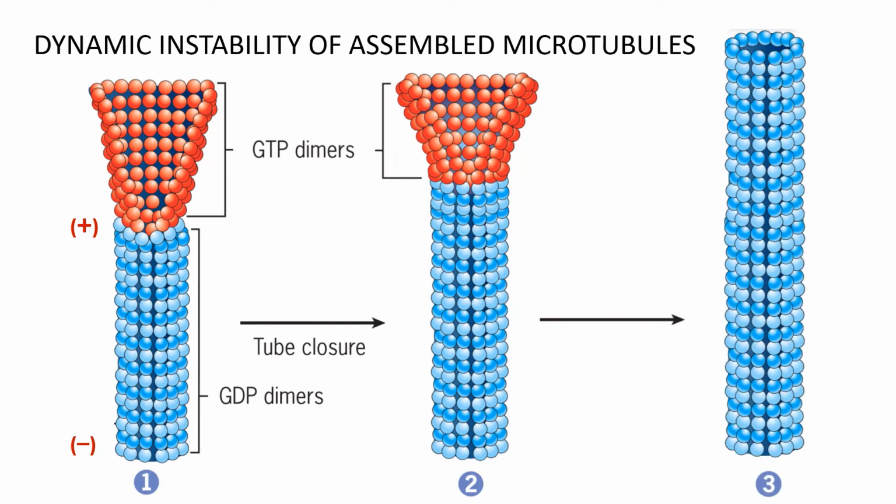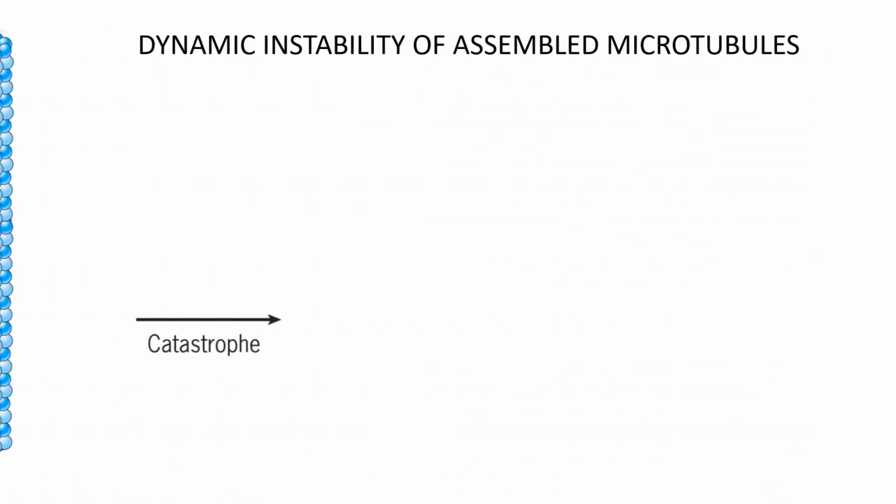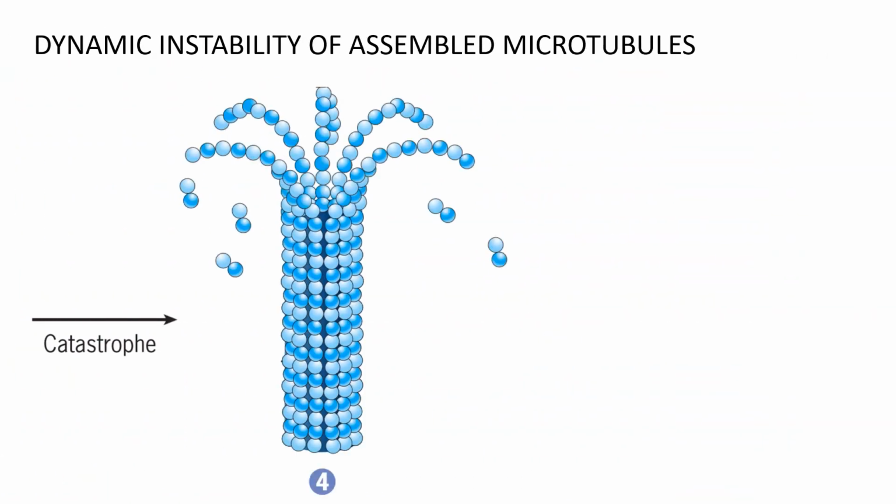At some point, they're going to collapse catastrophically. So that's why this is known as the dynamic instability model. So there needs to be a support on this end to stop this from happening. And what is that support?